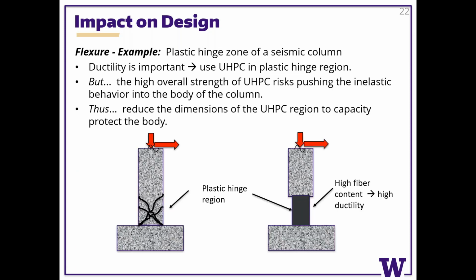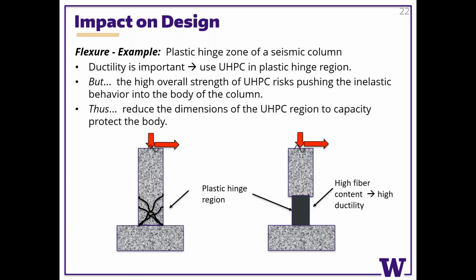So let's just look at an example. If you want to have a ductile flexural member, an example here would be a plastic hinge zone of a seismic column. Ductility is one of the most important things in the plastic hinge zone. And so you look up in your book and you find, oh, UHPC is very ductile. Let's use that.